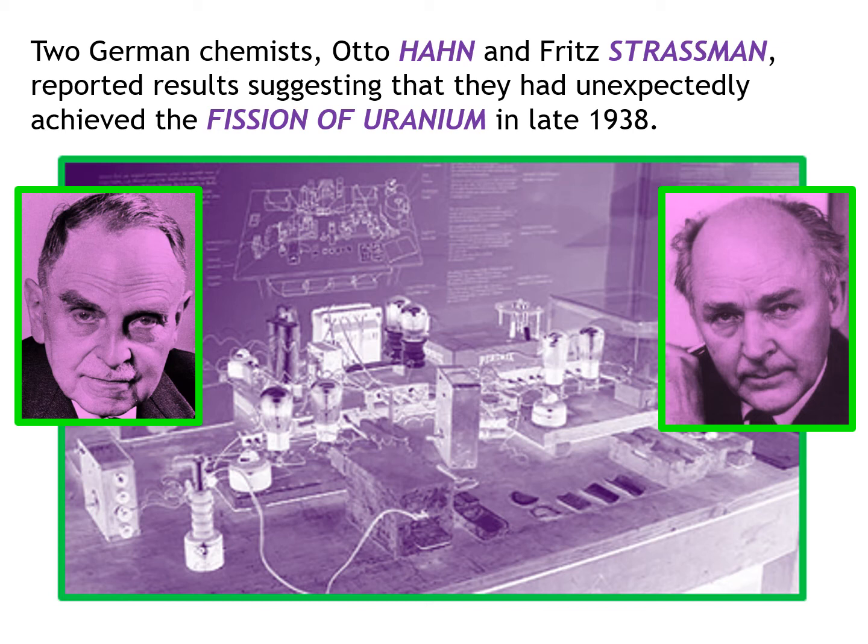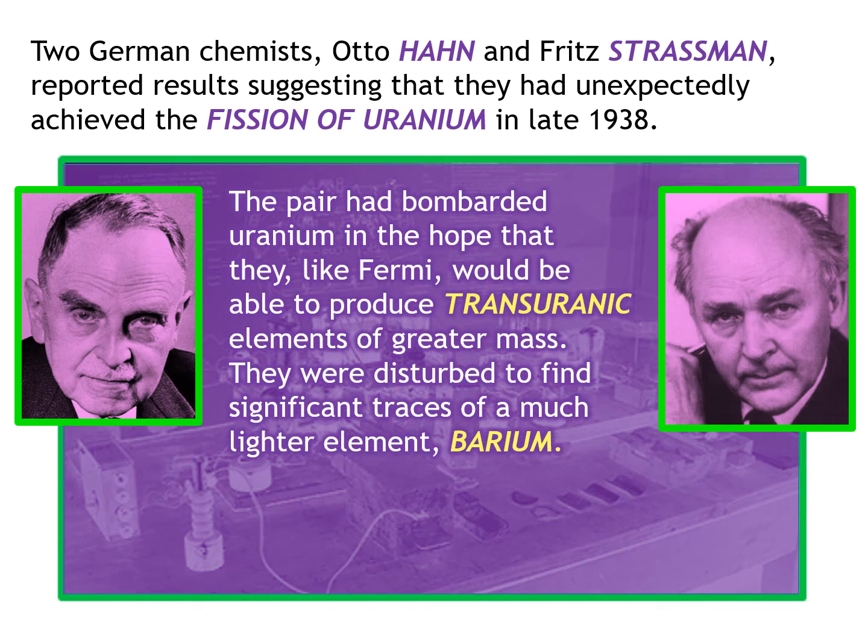But instead of getting transuranic elements of greater mass, at the end of their experiments, some of the mass was missing, and the main thing they found was a much lighter element, which was barium. And they were completely baffled because, again, they were experimental physicists, not theoretical ones. They weren't necessarily inclined to find a theoretical solution.